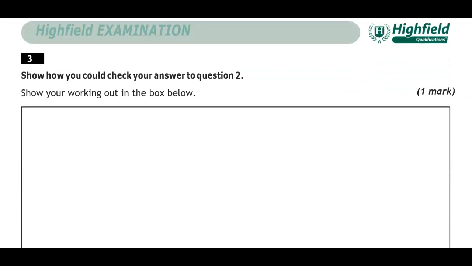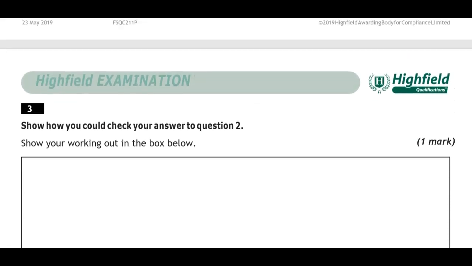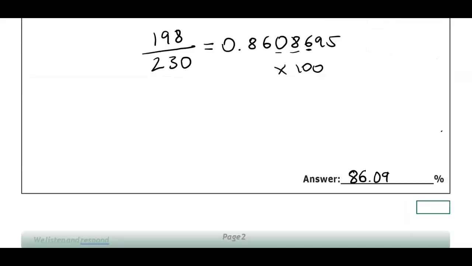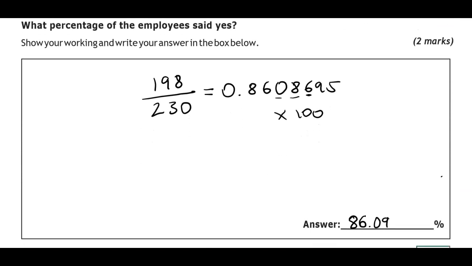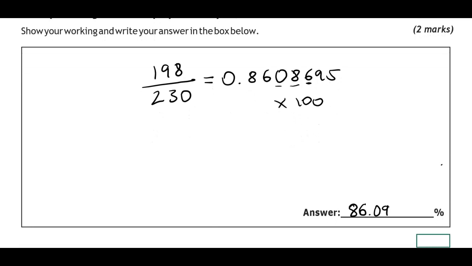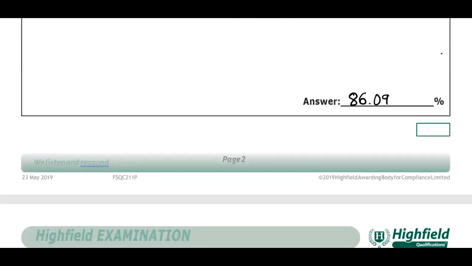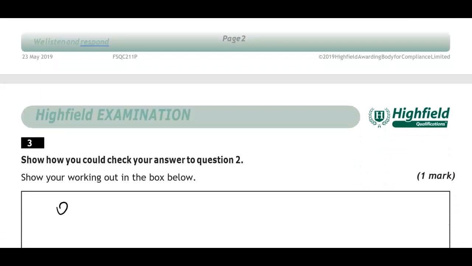Show how you could check your answer to question 2. So we could do the reverse. We'll go backwards: 0.8609 multiplied by 230 gives us 198.007.